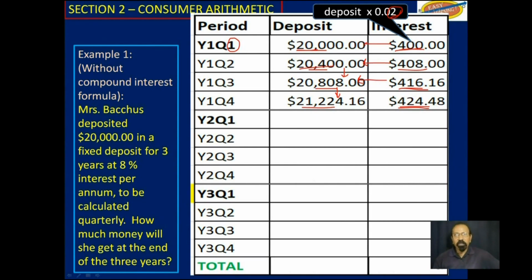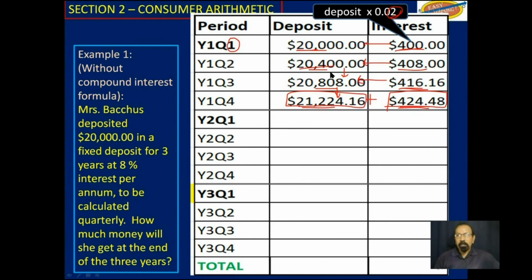So at the end of the first year, Mrs. Backus has this amount here, plus this one interest here. Those other interests have already been taken care of when they were added to the initial deposit.